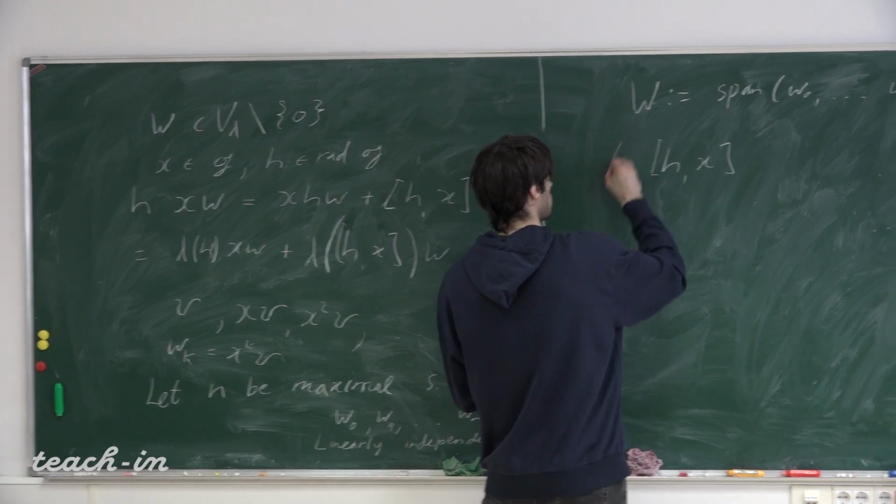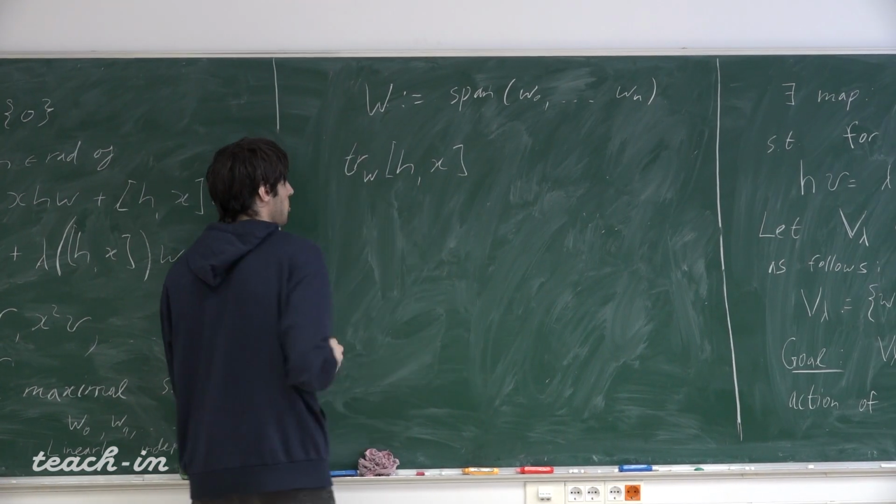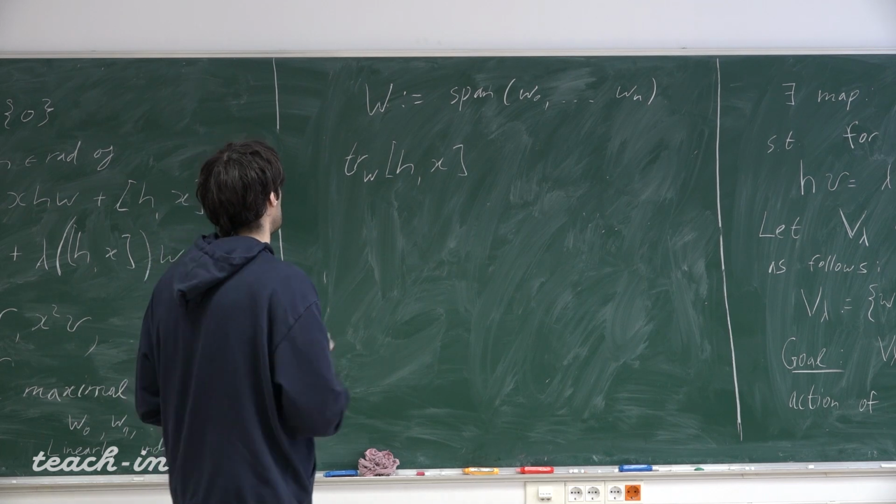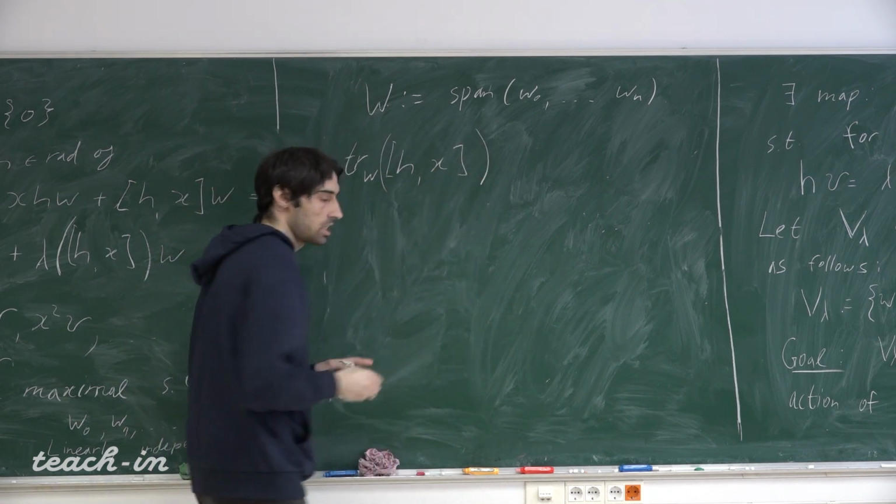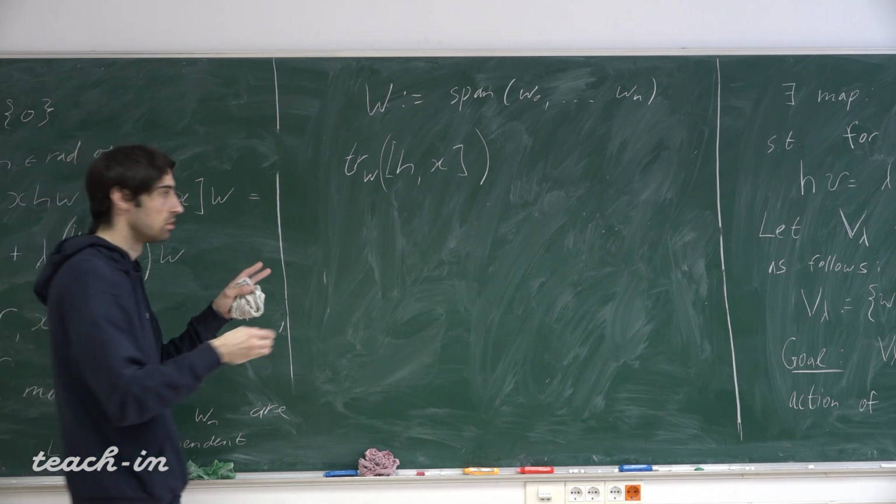So I take the trace over W of this. The trace is cyclic, so this is 0.